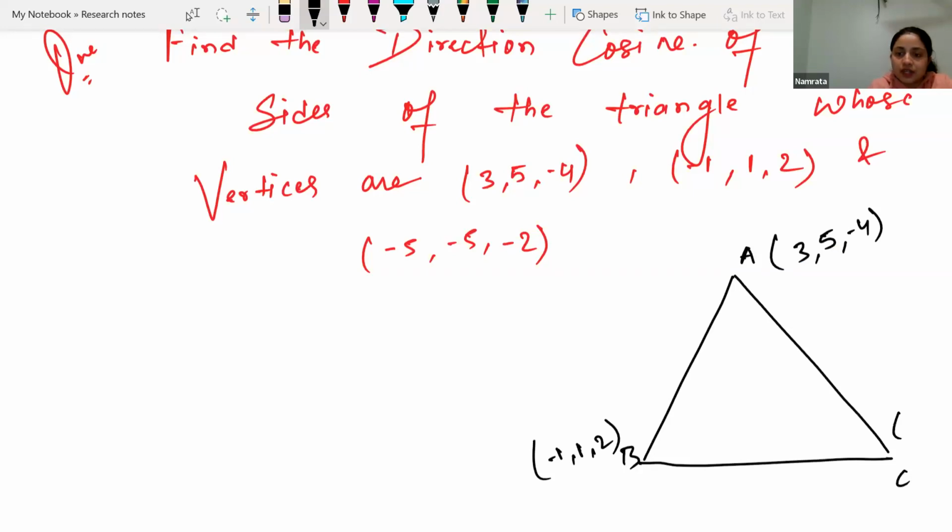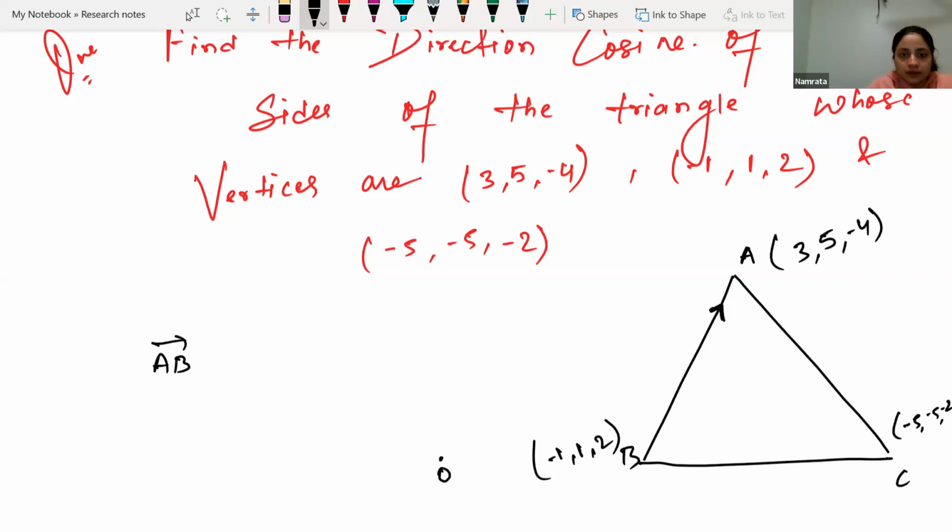The third one is given as C (-5, -5, -2). Now, if we want to write side AB, and there is an origin O with the x-axis, y-axis, z-axis like the previous one, then in vector form, how were we writing AB?